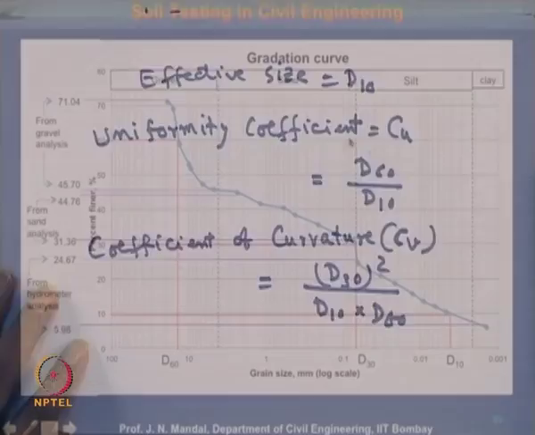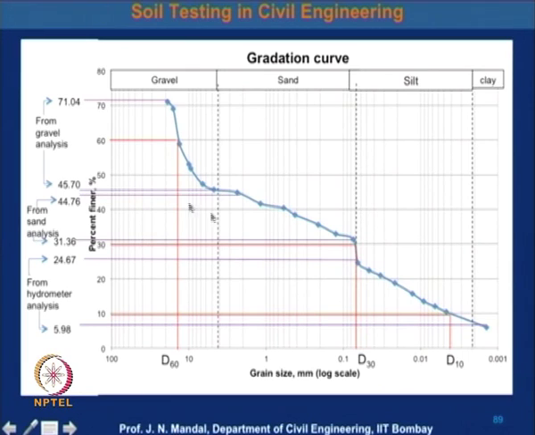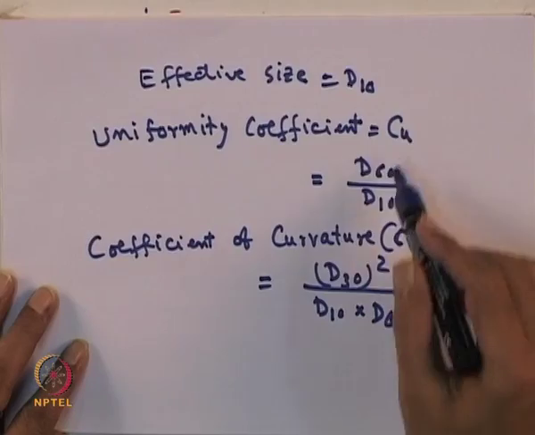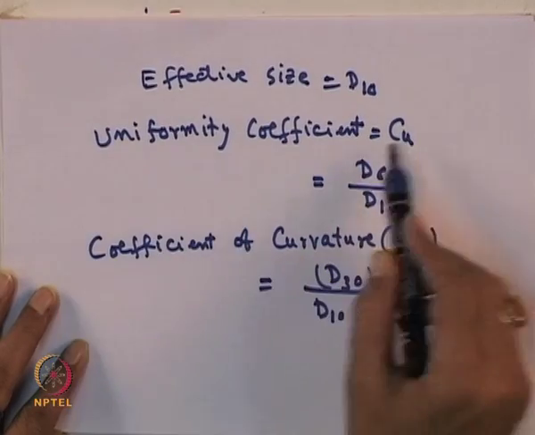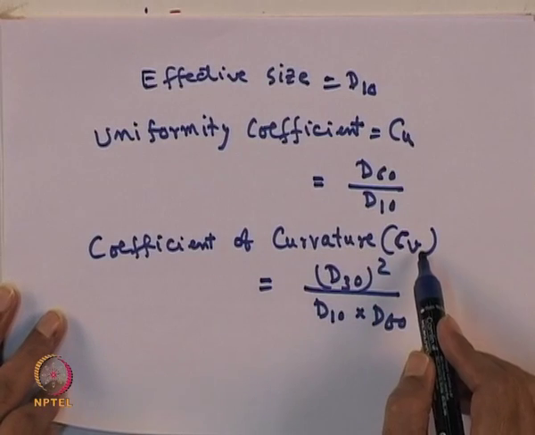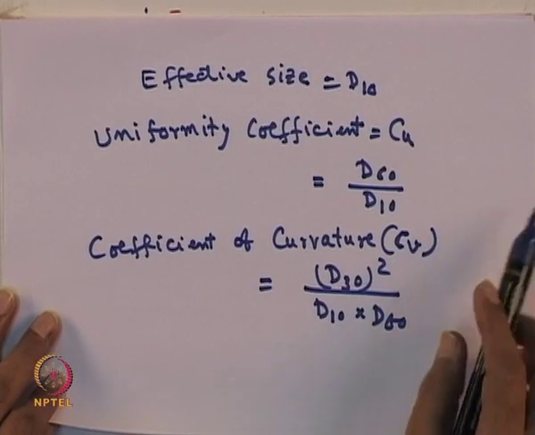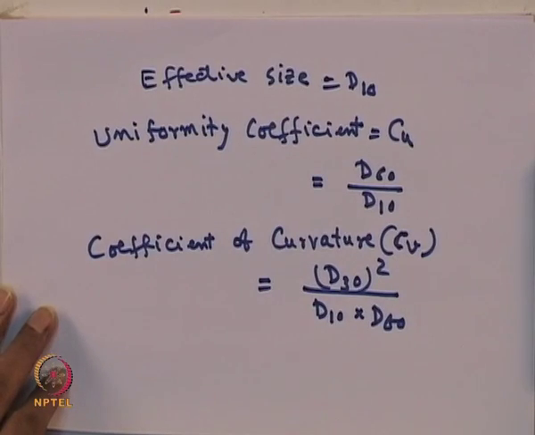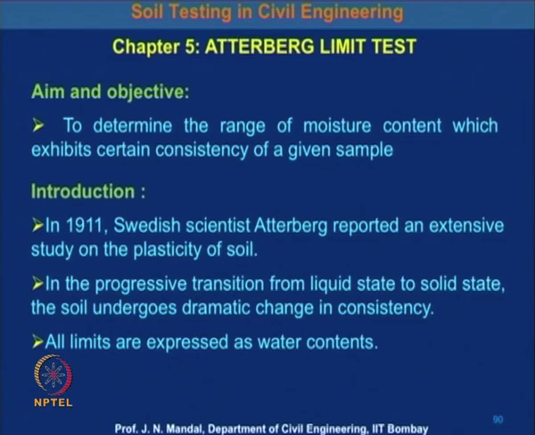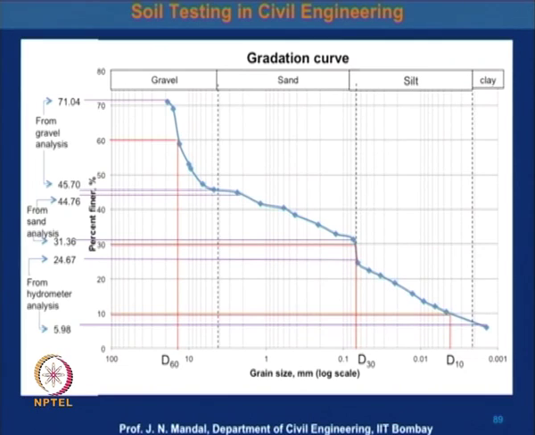So, from this gradation curve you can read off, for 60% what D60 is, for 30% what D30 is, and for 10% what D10 is. So, once you know the values D60, D10 and D30, you substitute them here, and then you can calculate the uniformity coefficient Cu and the coefficient of curvature. And also from this gradation curve you can calculate the gravel percentage.